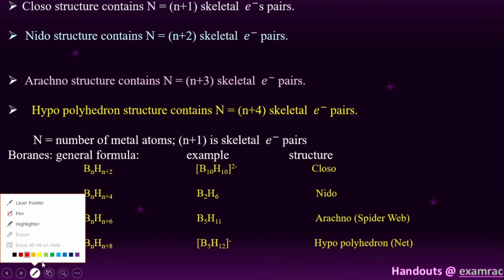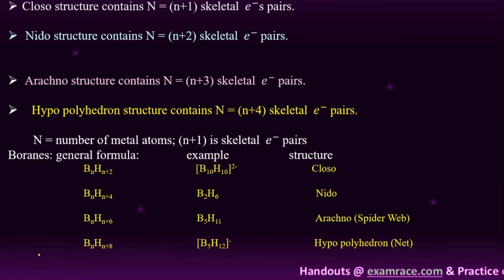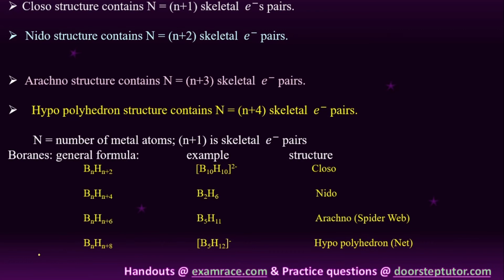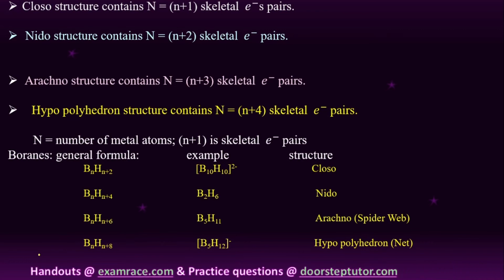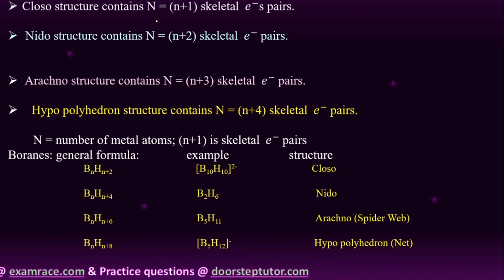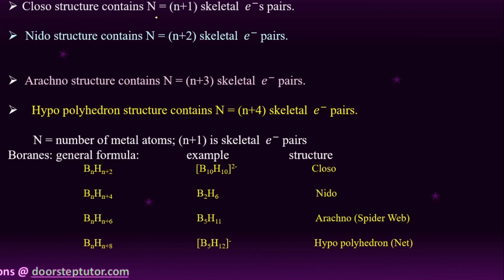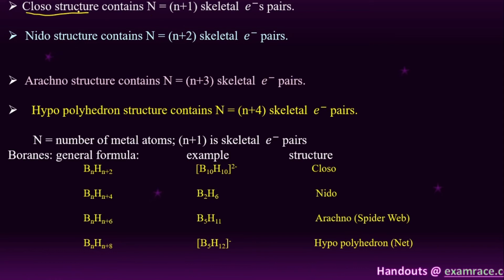Here you can see the closo structure. Please focus on all these formulas. These formulas will help you count electrons and know the structure of boranes and carboranes. What is the closo structure? We will discuss it in the next slide.